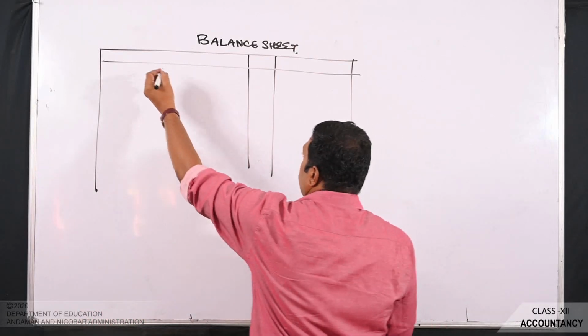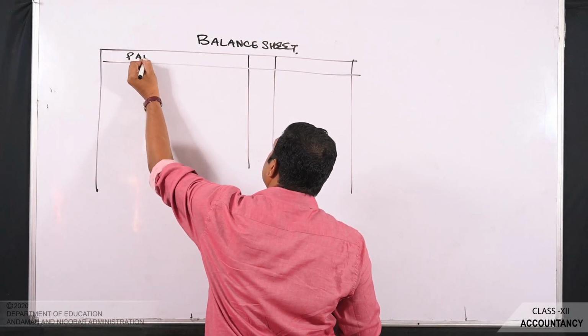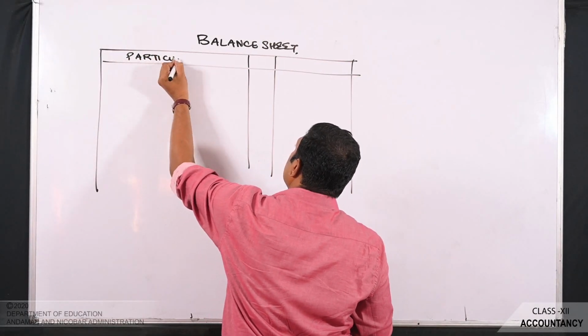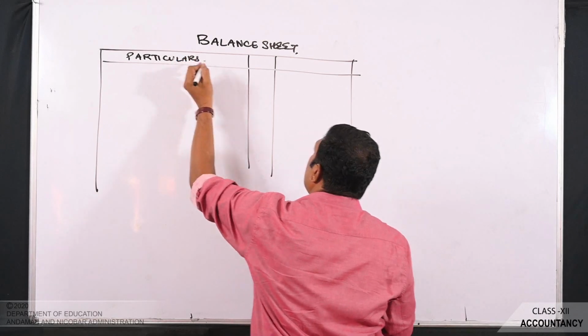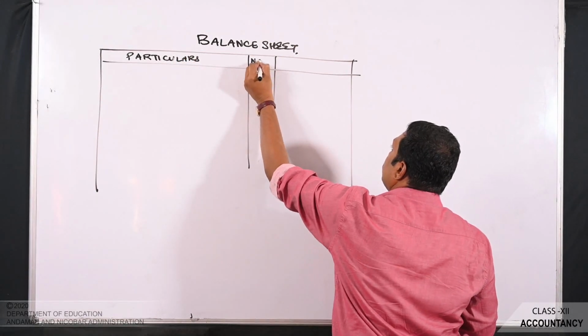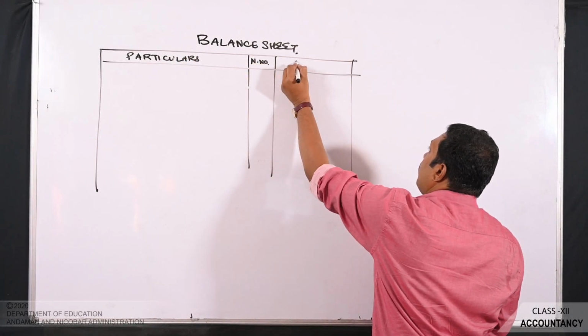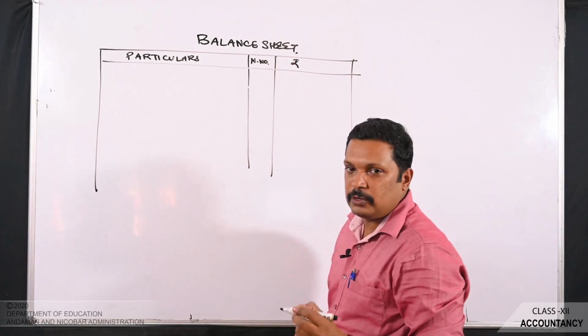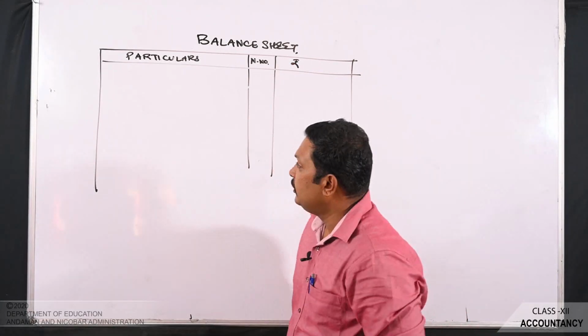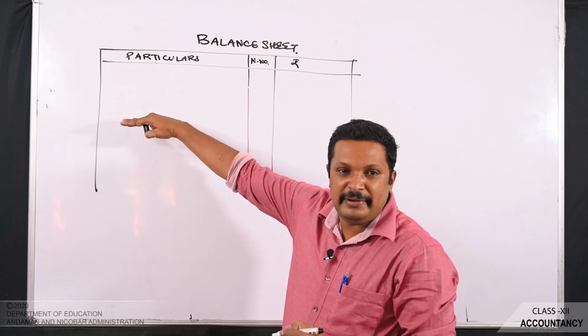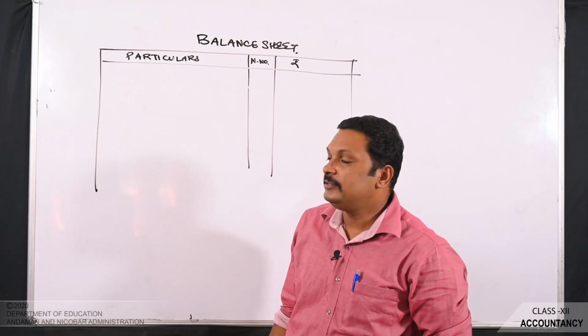That is particulars, note number, amount. Right, particulars, note number, amount. In the first part will be equity and liabilities, and the second part will be the assets.